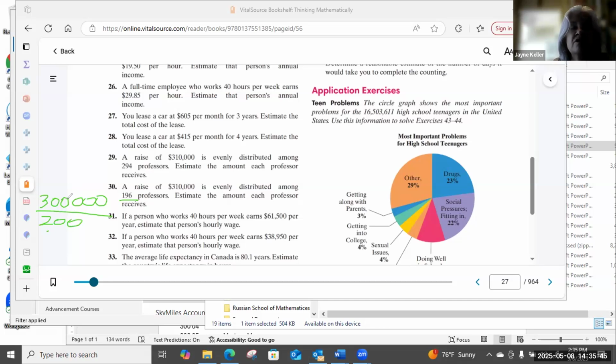Did you know a fraction is just division? So this basically says 300,000 divided by 200. I can knock off zeros on top with zeros on the bottom, which gives me 3,000 over 2, which would give me 1,500 or so per professor. So a good estimate for that would be 1,500.